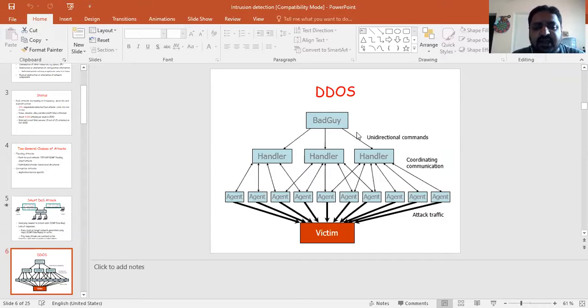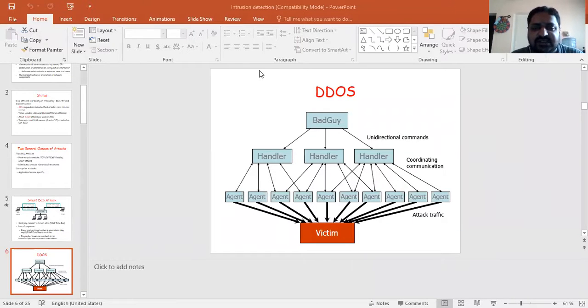These systems are called agents, and when the attacker launches different services on those systems, they then attack the actual system, which is called the victim.